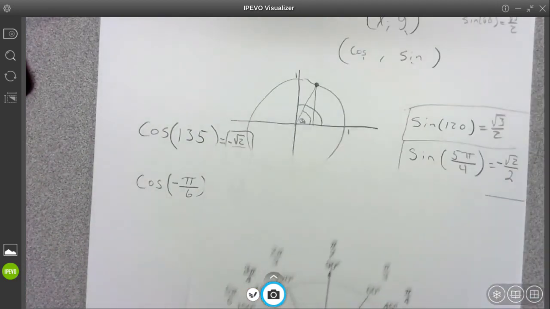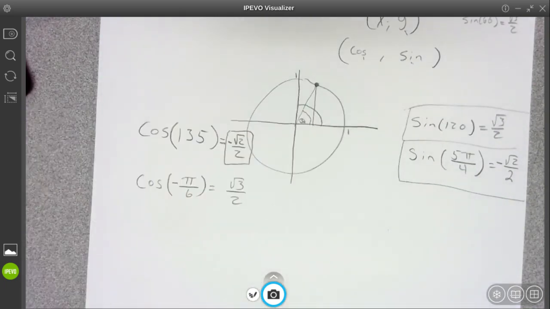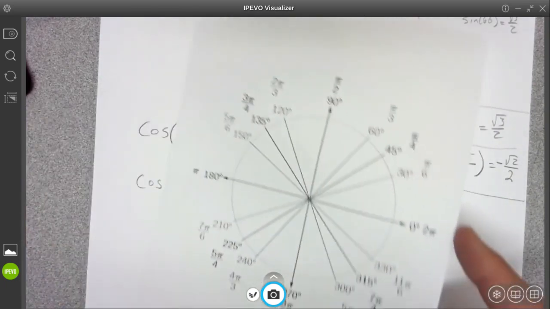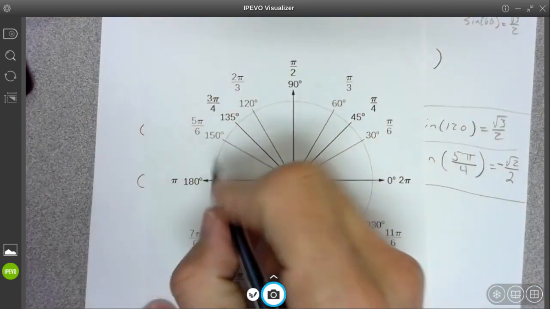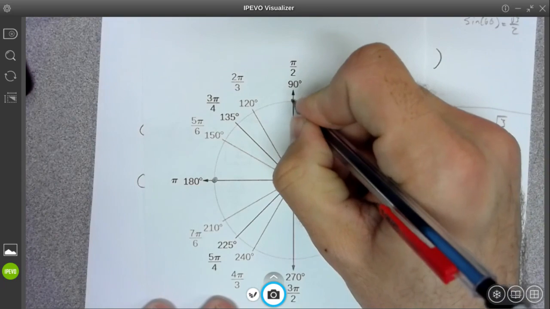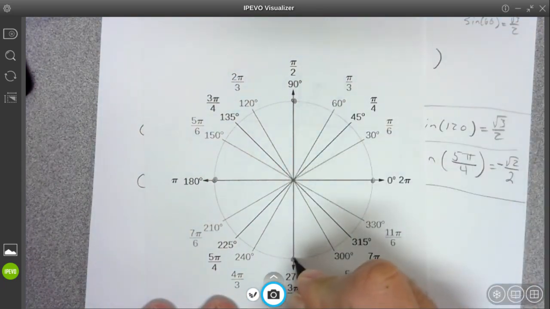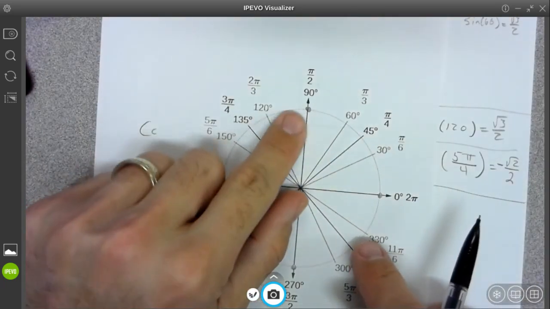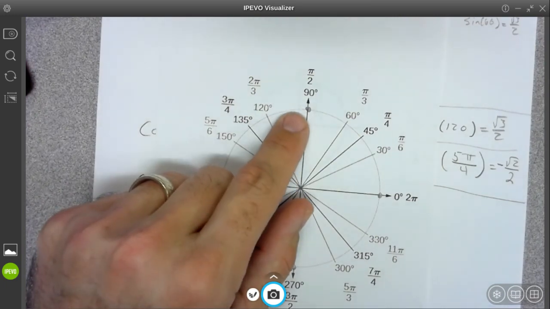Now I guess the other ones to think about and remember are going to be the ones that are on the actual axes right here. Right. So these are important to remember as well. So right here, the y value is a 1 and the x value is a 0.